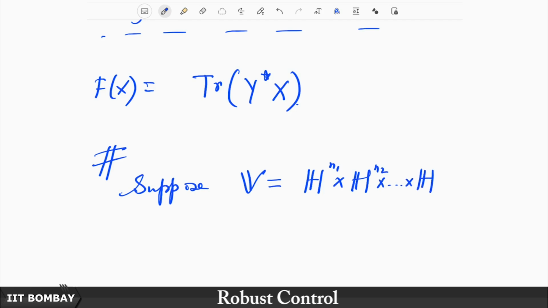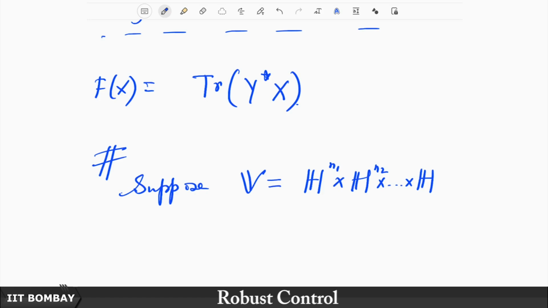Remember, the space of n cross n matrices is a vector space, and the space of Hermitian matrices is also a vector space. We have already seen all of that, please convince yourself that this is indeed so. Of course, it is not going to be of the same size. The space of arbitrary n cross n matrices has a greater dimension than the space of n cross n Hermitian matrices. Why so?